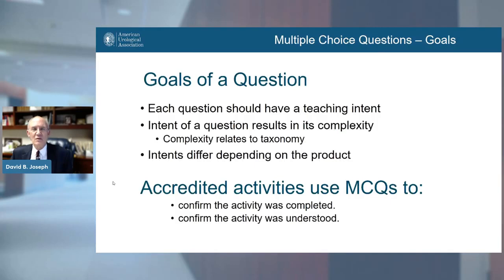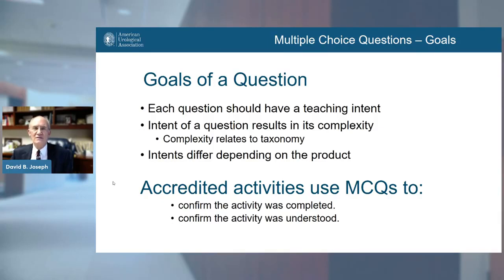And each question has a particular intent, and the intent becomes its teaching point. And the intent of the questions then results in how complex the question needs to be. And complexity is based on the taxonomy, which I'm going to show you momentarily. Intents differ between products and what you're trying to do.